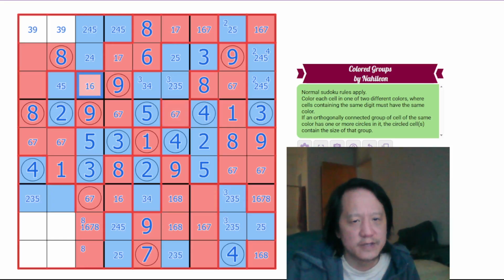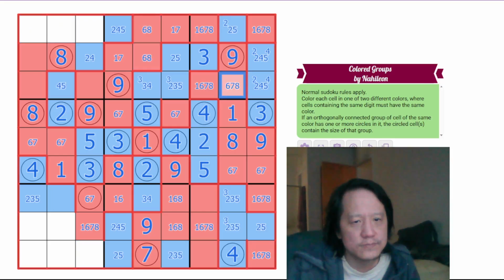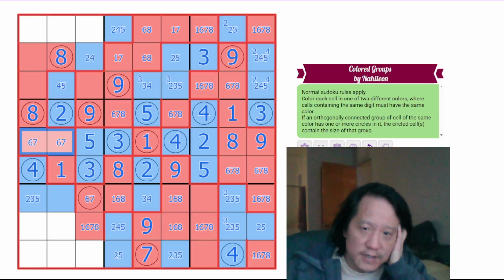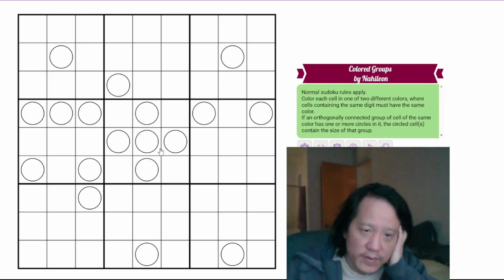Where did I mess up? Dang it. I don't know if I want to go all the way back looking for this mistake. Okay. These cannot be the same. So they're okay.